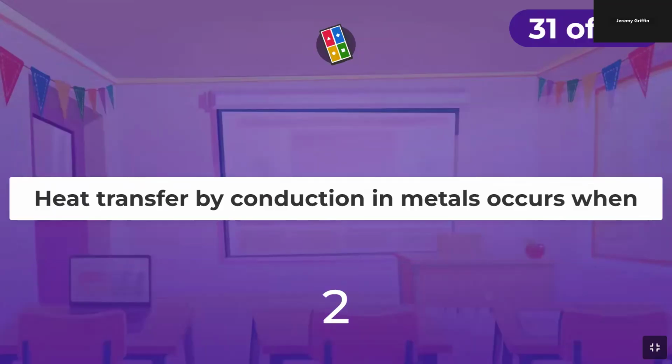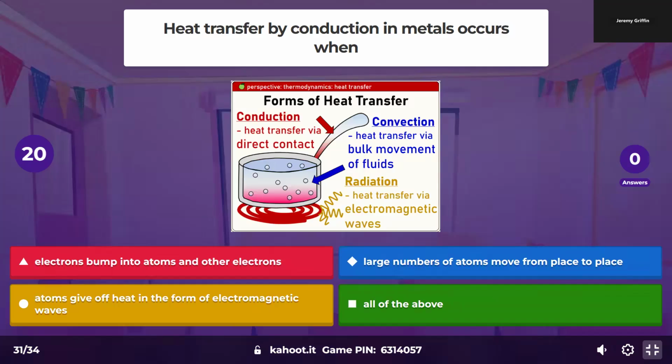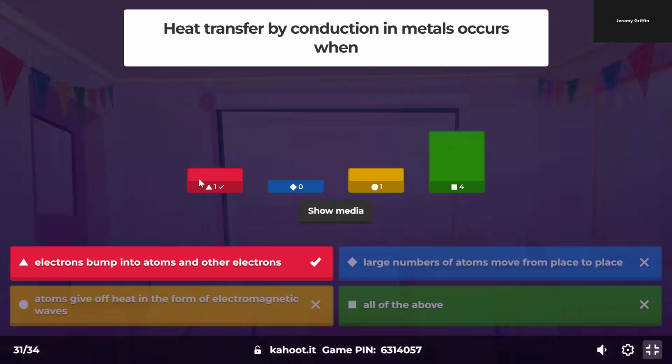Heat transfer by conduction in metals occurs when electrons bump into atoms and other electrons. That's direct contact.